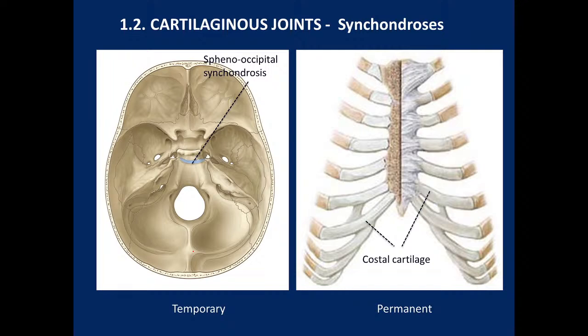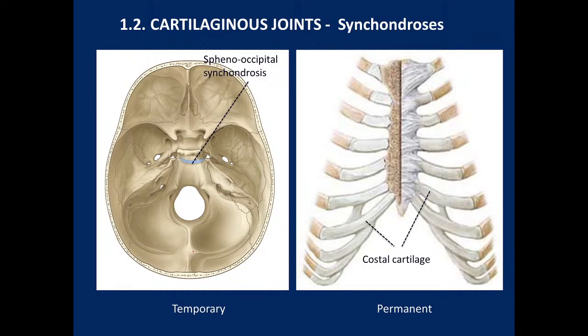Synchondroses are cartilaginous joints, and usually cartilage is a solid connective tissue that allows little movement, or sometimes doesn't allow bones to move between each other.